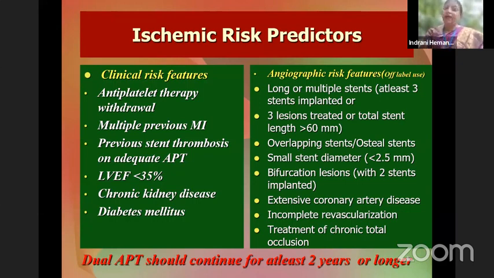So they are: antiplatelet therapy withdrawal, multiple previous MI, previous stent thrombosis on adequate APT, when the ejection fraction is low, less than 35%, chronic kidney disease, diabetes, and off-label use, when they have used long or multiple stents, when more than 3 are being implanted, 3 lesions treated, or total stent length is more than 60 millimeter, overlapping stents, ostial stents, small stent diameter, bifurcation lesions, extensive coronary artery disease, incomplete revascularization, or treatment of chronic total occlusion.